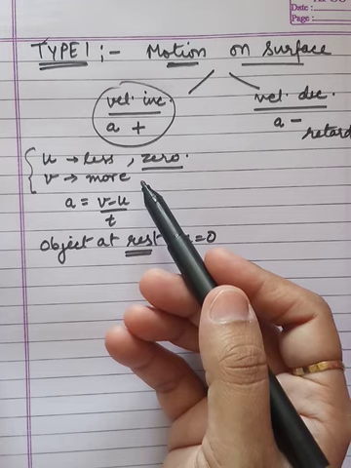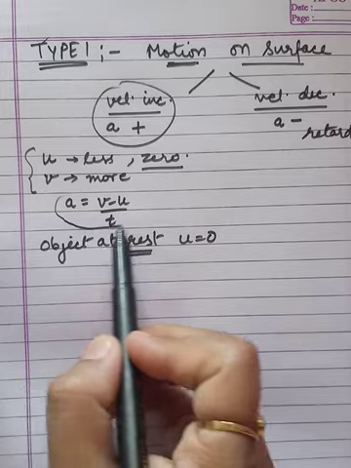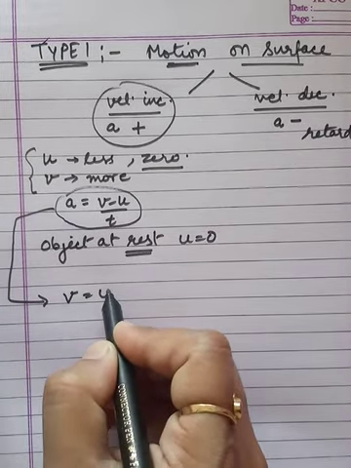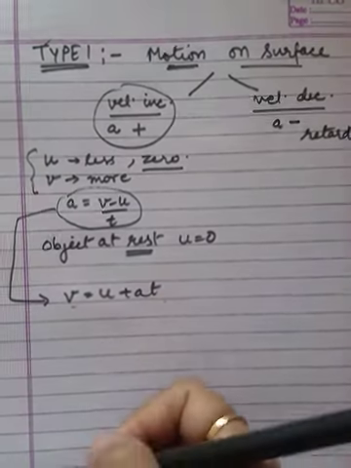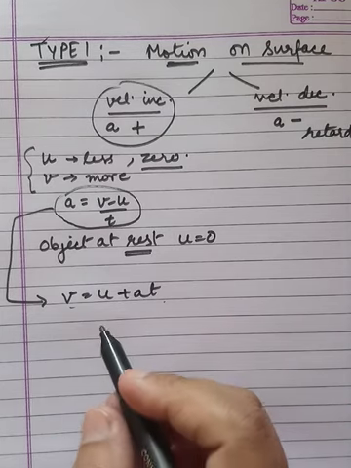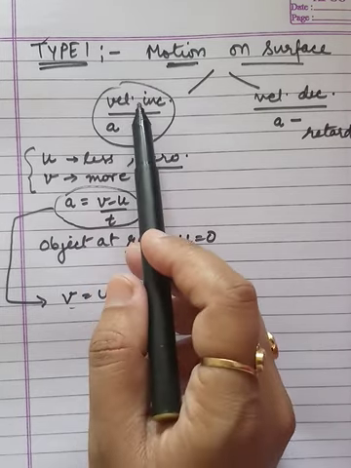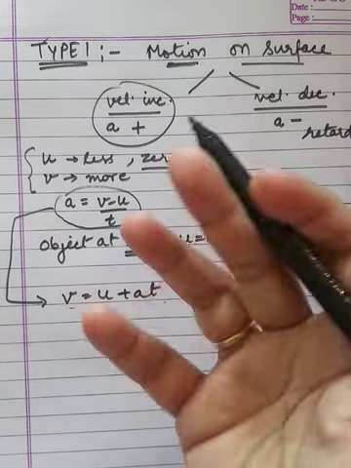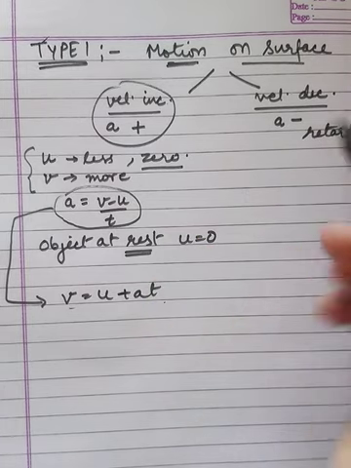So we can find the acceleration by the first equation of motion, because v = u + at. This is to be kept in mind: whenever we have a case of velocity increase, u can be 0, or any value which is always less than v.